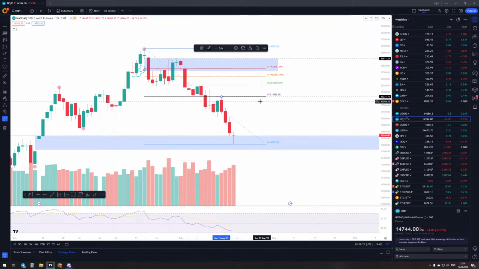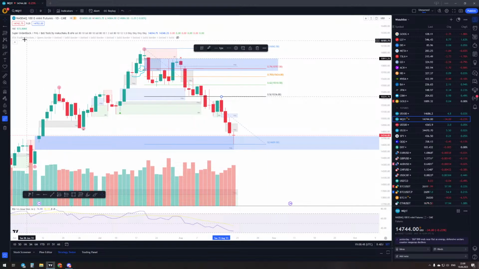This is a breaker block. Then what else? It can be an imbalance or fair value gap. It can be an order block. What do we have here?